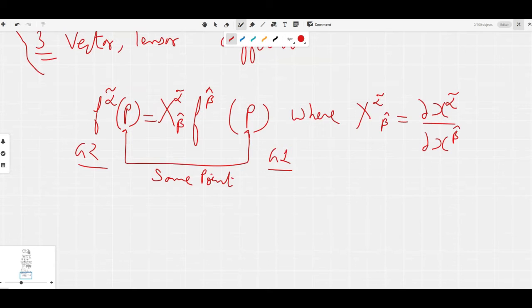So we can also write, and by the way, in a simpler notation we can write it like this.